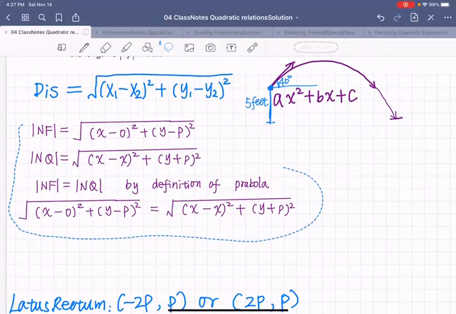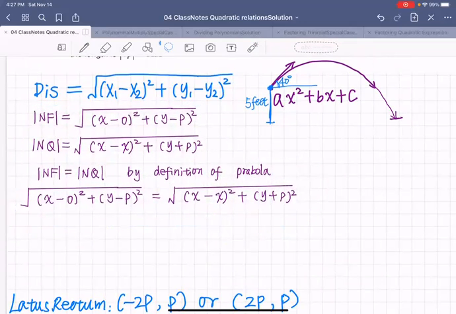Now, this is equal, and we can square both sides. In that way, we can remove the square root. So this is x squared plus y minus p in parentheses equals. This is 0, this can go away.